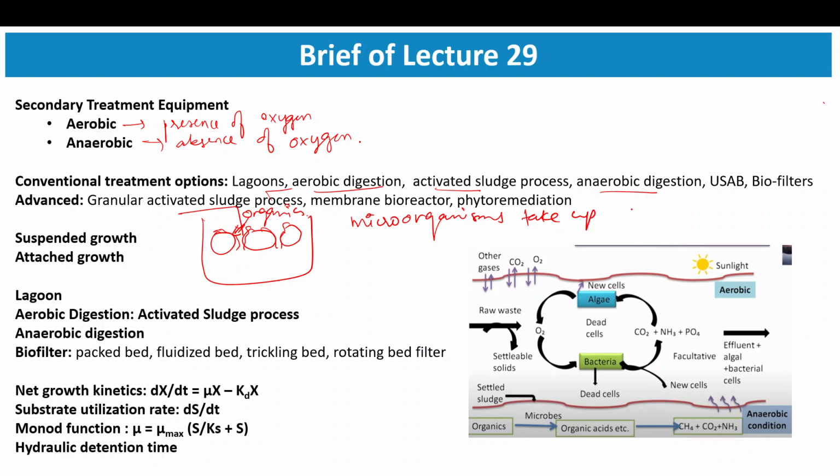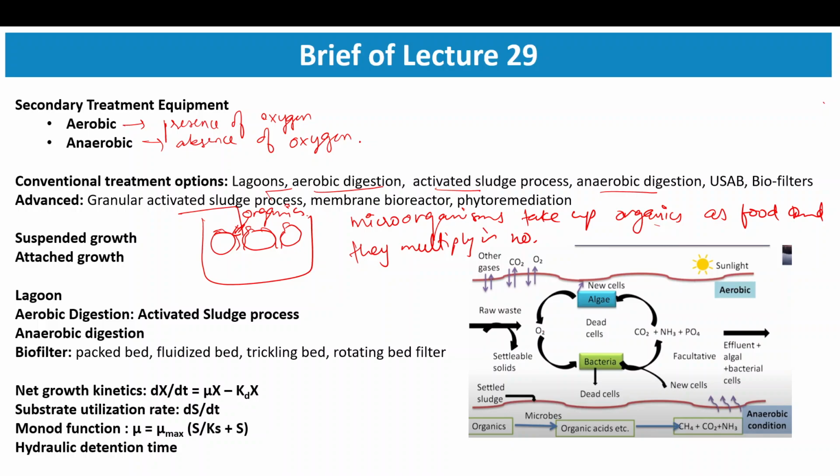They take up organics, degrade them, and multiply in number. At the end of the process, some of the microorganisms die, some get multiplied, so you might have a higher concentration of microorganisms, and at the end they die. And the organics present degrade into either carbon dioxide or methane.